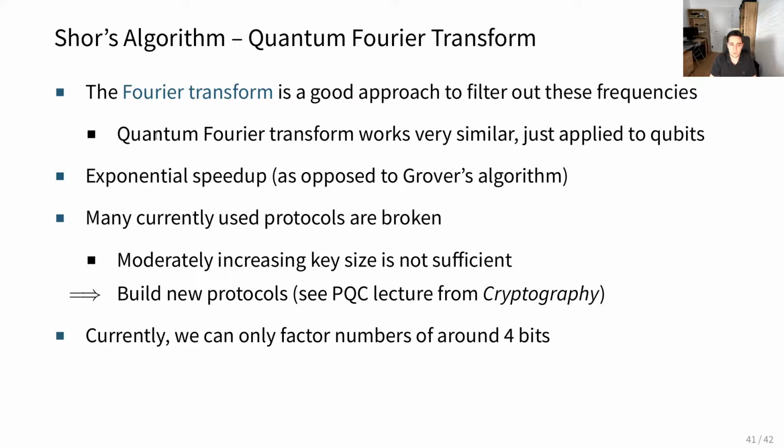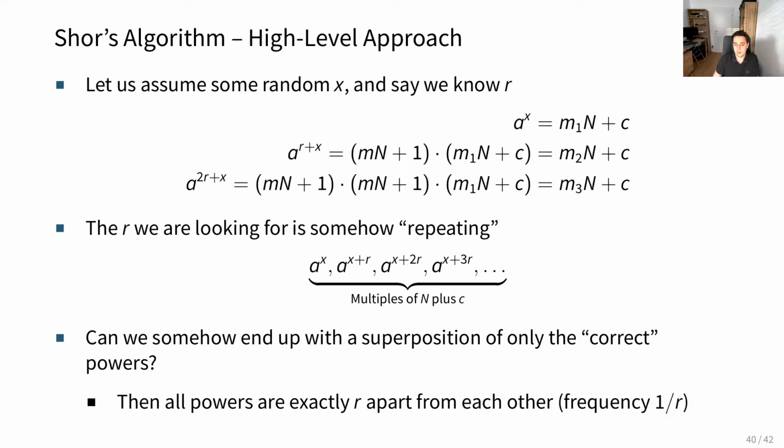This is a bit more complicated than just this. But essentially, it's similar to the behavior of a normal classical Fourier transform, namely that we try to filter out the frequencies we need. The frequency we need is exactly this frequency here, because if we have it, then we know that all the powers are exactly r apart from each other, and we can basically compute r from that. So this is how, in a bit more detail at least, Shor's algorithm works, essentially.